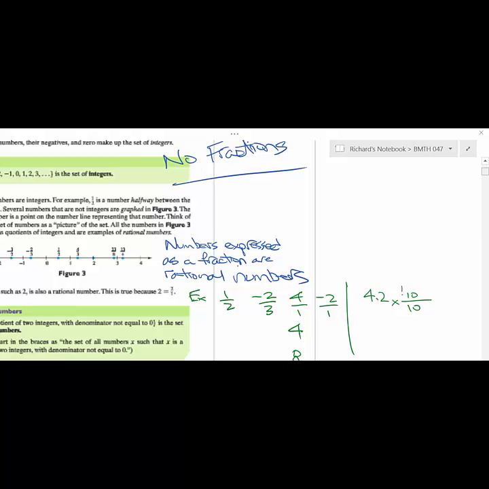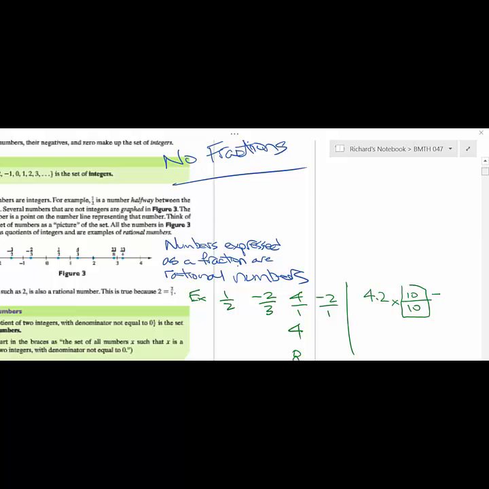Notice what I've got happening here: I've got 10 divided by 10, and anything divided by itself is 1. So I haven't really changed anything. I'm multiplying 4.2 by effectively 1. All I'm doing is modifying this decimal and converting it to a fraction.